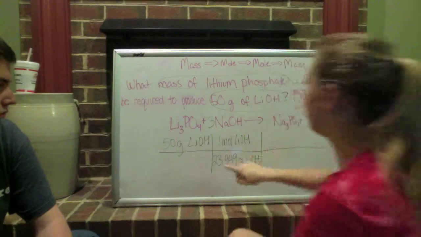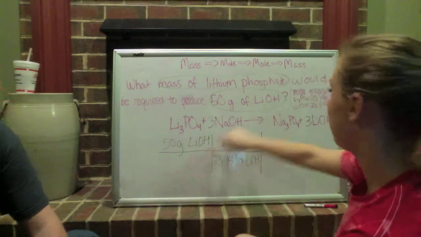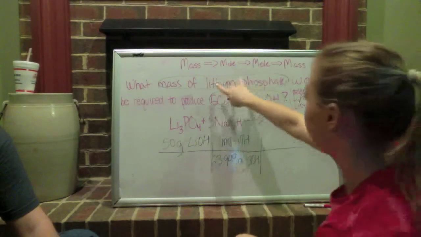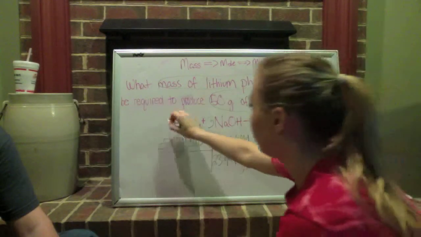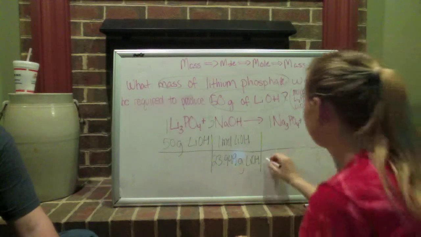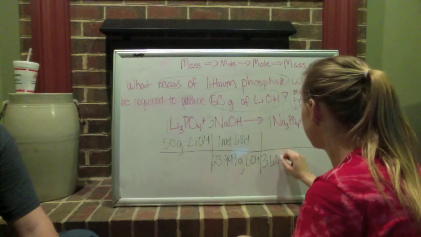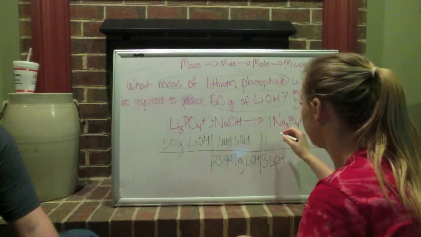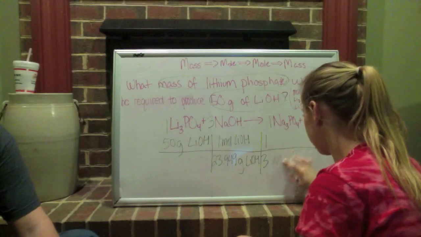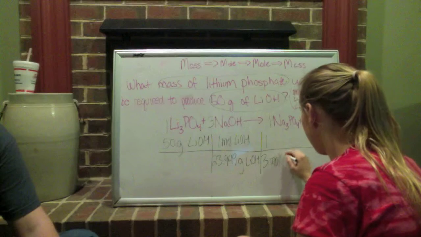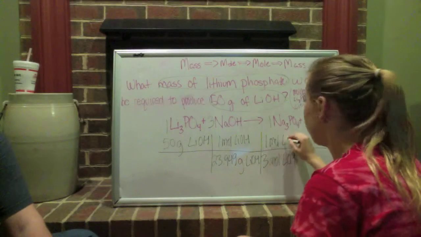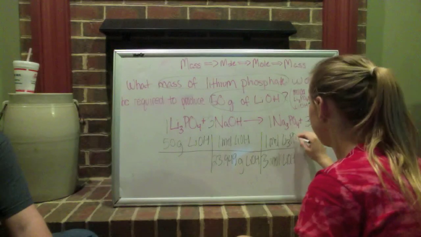Now you look at your equation and you see that for lithium hydroxide you have 3 moles, and you're trying to get to your lithium phosphate, so you have 1 over here. So you're going to have 3 moles of lithium hydroxide for every 1 mole of lithium phosphate.